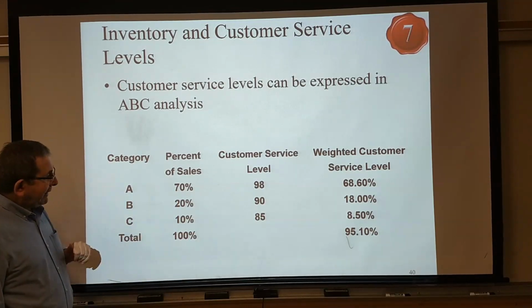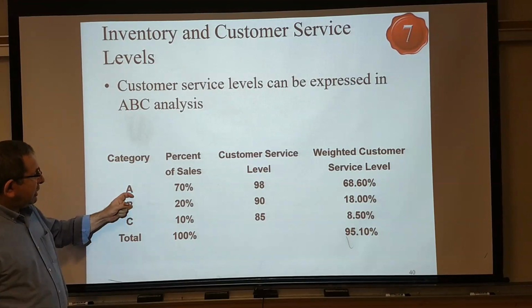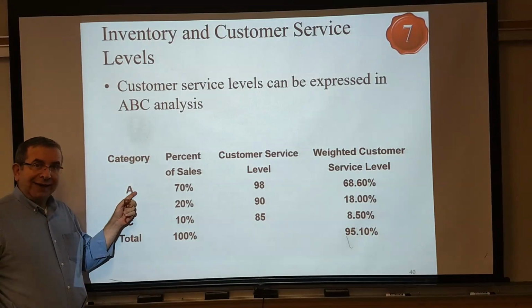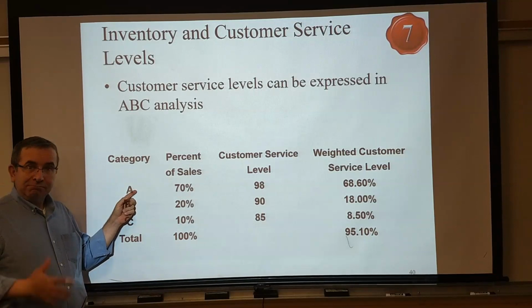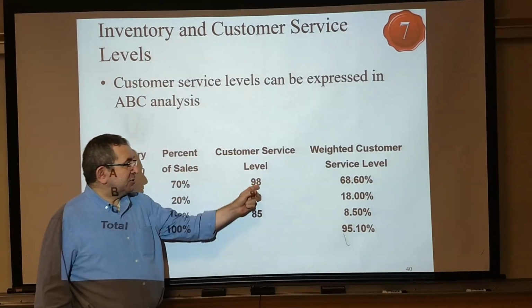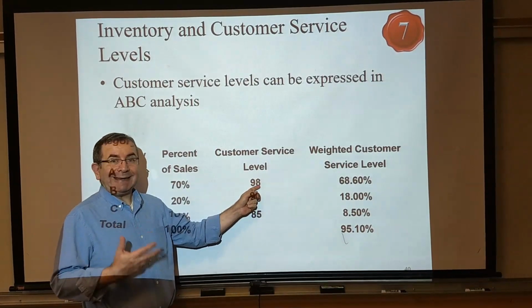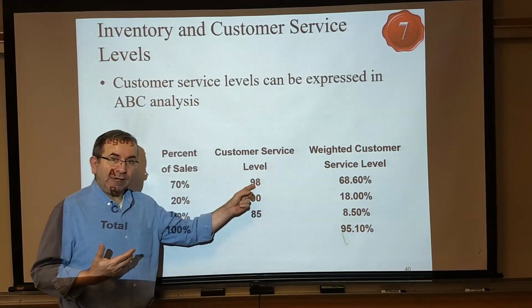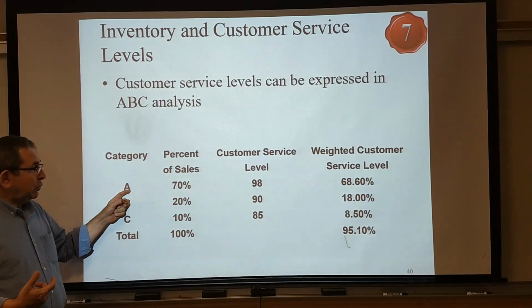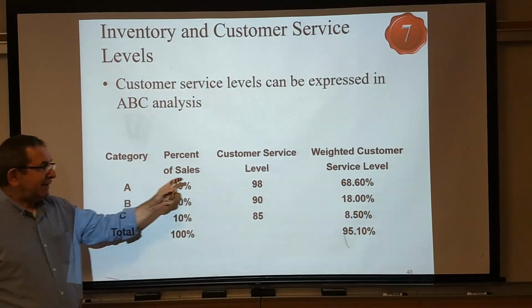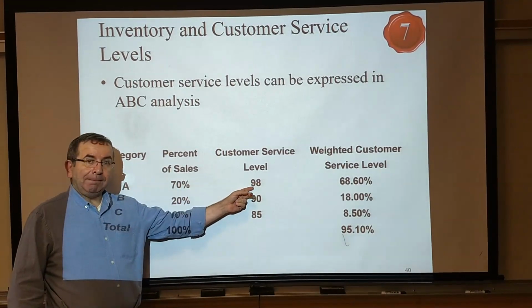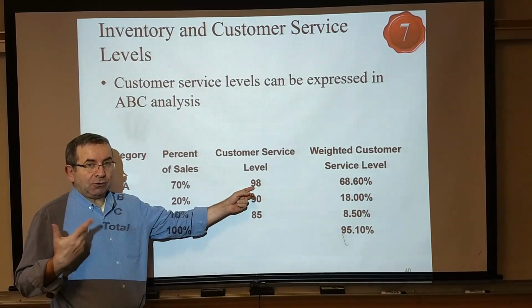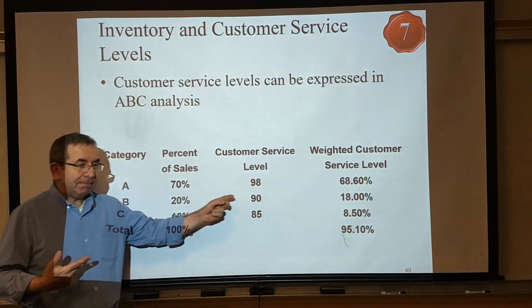So what you do in this particular case is you want to be in stock on A items most of the time, and your customer service level would be 98%. You'll have much more inventory so that you will be in stock 98% of the time, and you will run out of stock only 2% of the time.